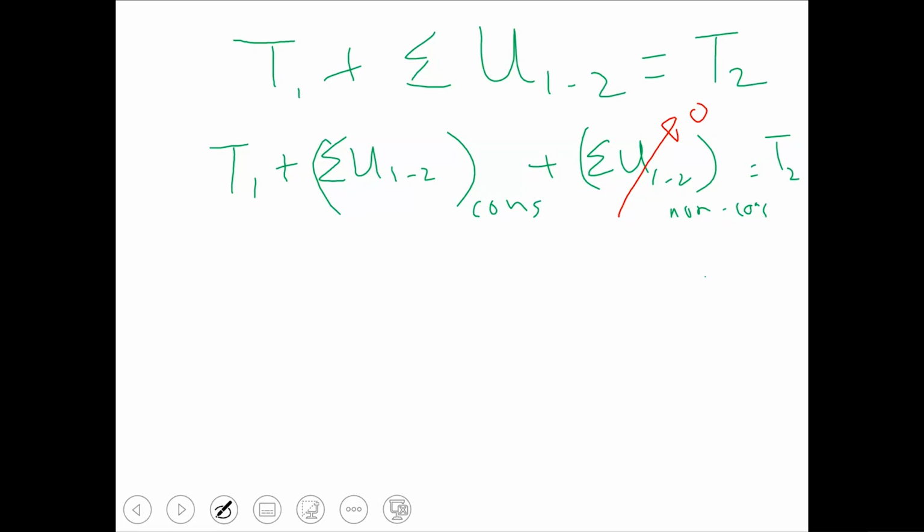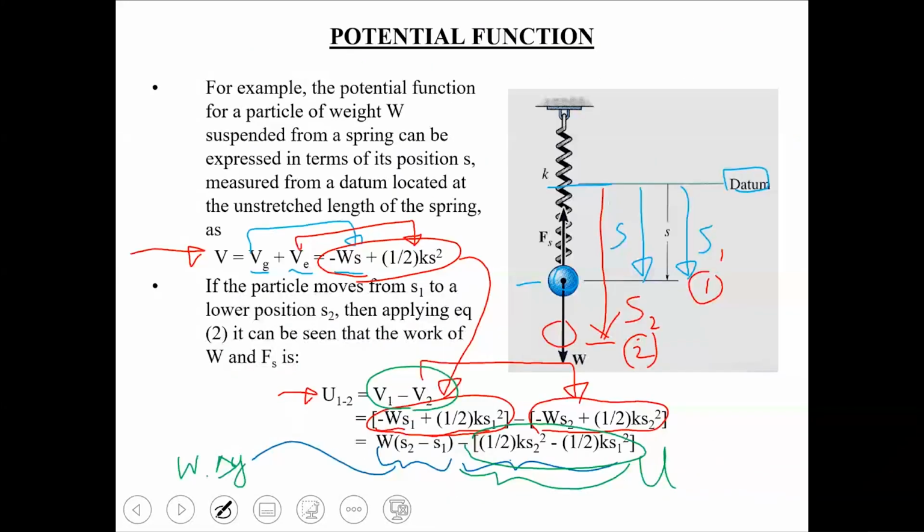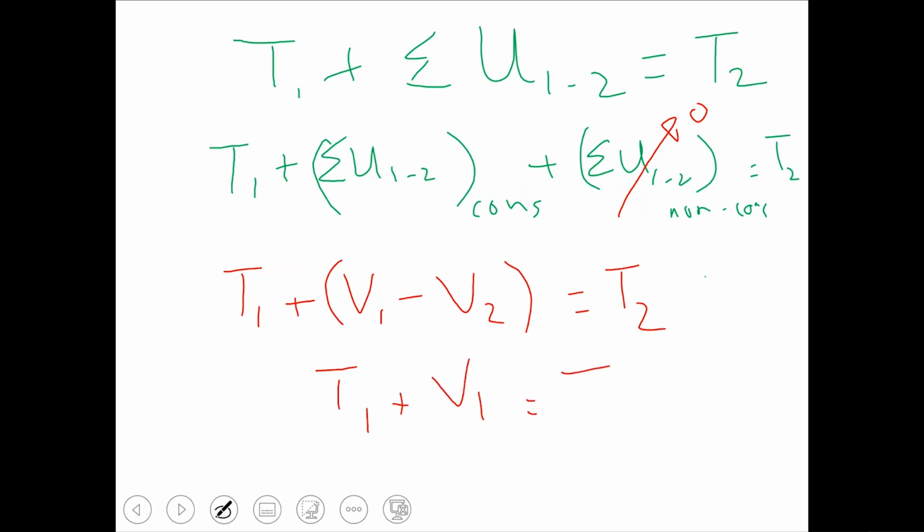Moreover, the work done by conservative forces can be replaced by their potential functions, as we just discussed. We replace summation u1 to 2 using this equation. So it would become v1, which is the potential energy at position 1, minus v2, which is the potential energy at position 2. So we have replaced summation u1 to 2 conservative by v1 minus v2, and that should be equal to t2, or rearranging these terms, t1 plus v1 should be equal to t2 plus v2.